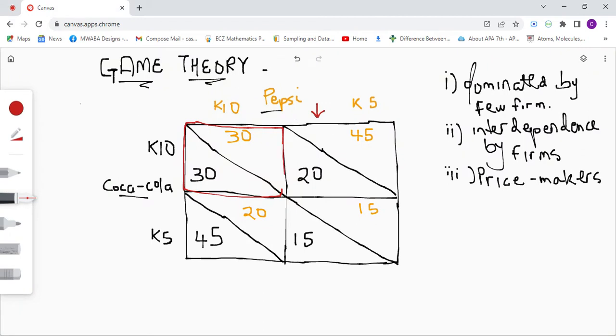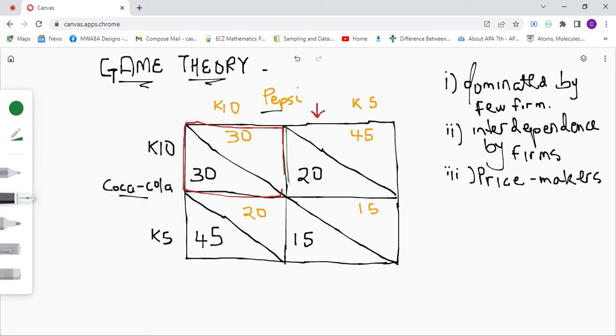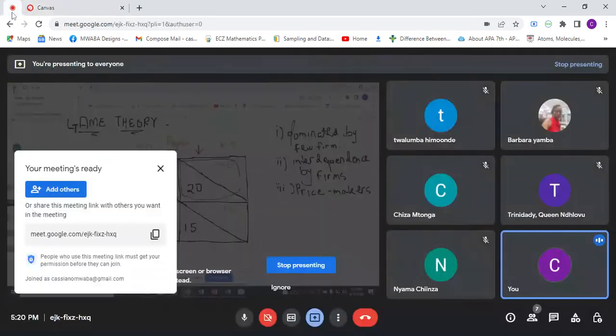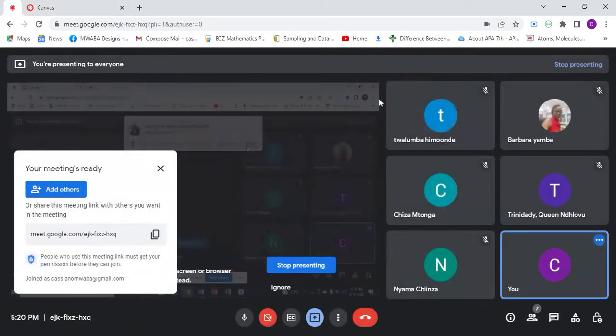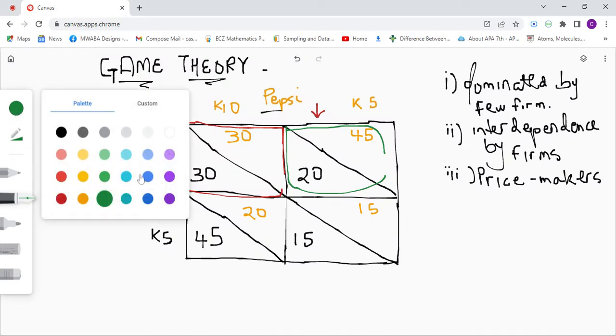Let me just color it. This section here, which I've put in green: if Pepsi charges 5 kwacha and Coca-Cola still charges 10 kwacha, Pepsi will get the market share and will make more revenue.